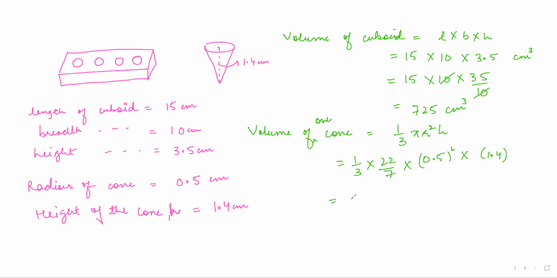So remove the decimal if you wish. This will be 22 divided by 21 into 5 by 10 into 5 by 10, right? And this will be 14 by 10. So just try to solve it a little bit. Now 7 into 3 and 7 into 2.